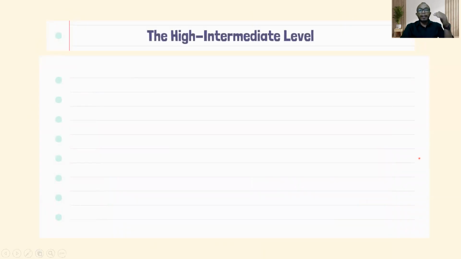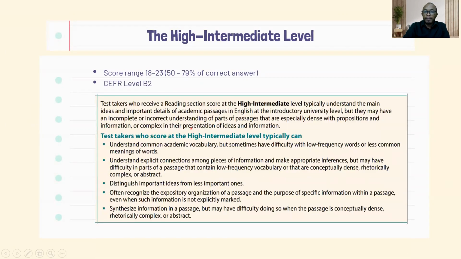Now, the level under the advanced is the high intermediate level. And this level is for test takers whose score is 18 to 23, which means that they could answer 50 to 79% of the questions correctly. Okay, and it is indicated as a B2 level in the CEFR.